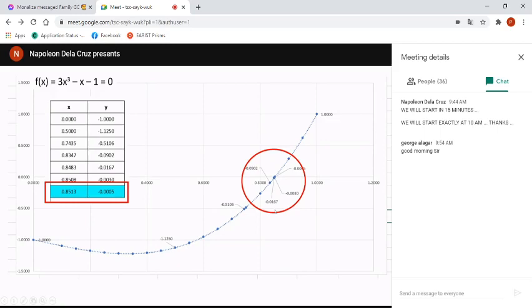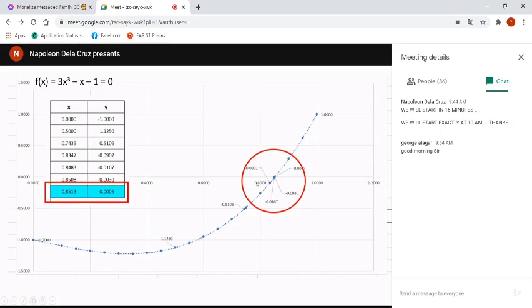Negative 0.0005. Okay. Negative 0.000, because they overlap there.